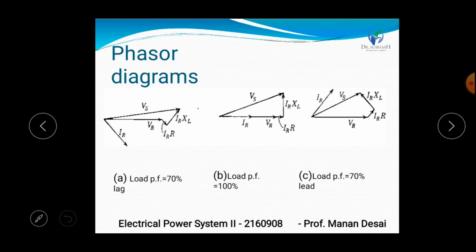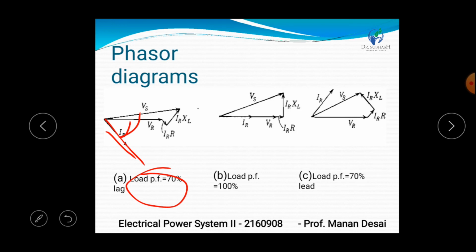In this figure there are three different types of power factors: lagging, leading and unity. Now let the receiving end VR be taken as a reference phasor, represented on the x-axis. For lagging power factor, I lags behind VR by some angle, as shown in the diagram.